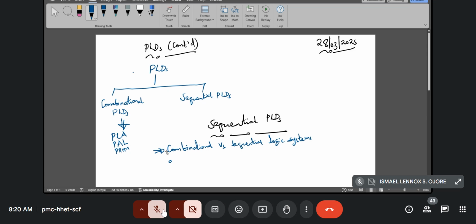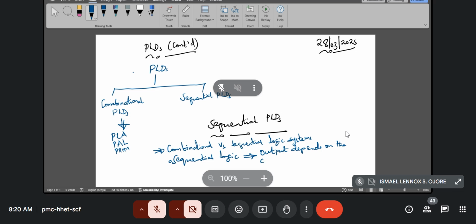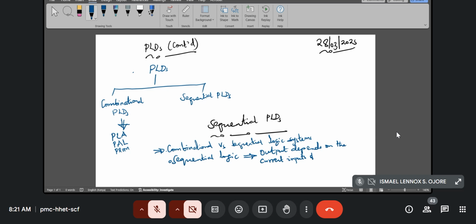So in sequential logic systems, the output depends on the current inputs and the previous outputs.